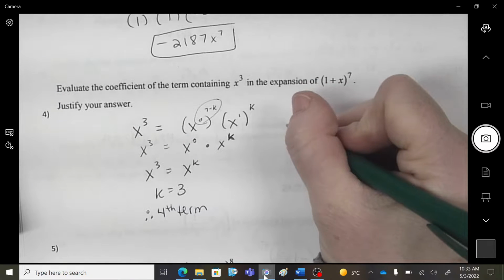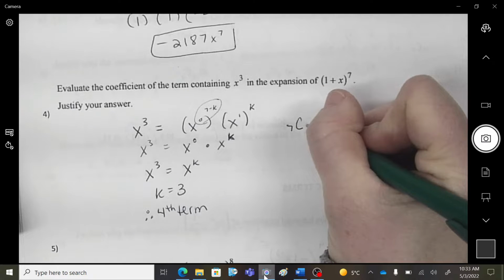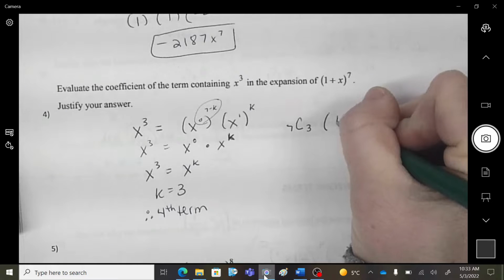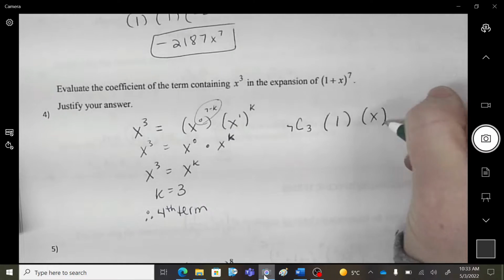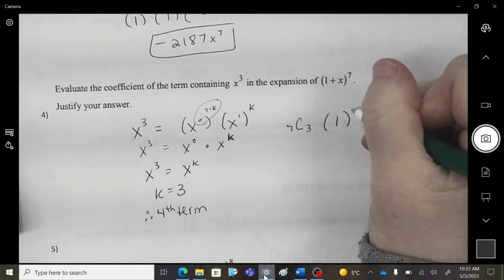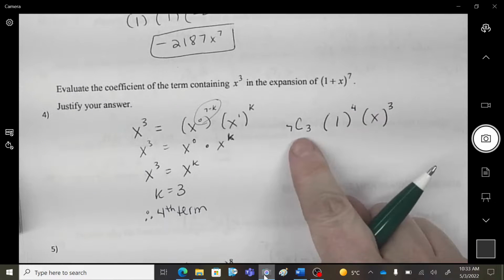Okay, so 7 choose 3, because that's the fourth term. I'm going to have a 1, I'm going to have an x. So this is a 3 to match that, and this is a 4 to subtract.